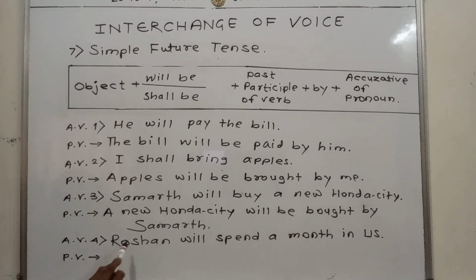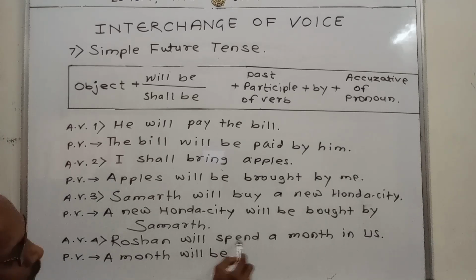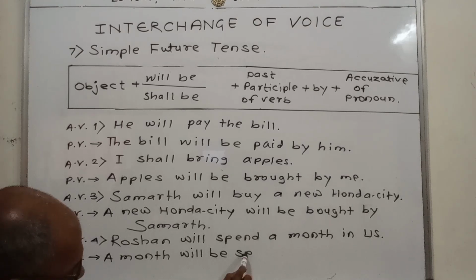Roshan will spend a month, and the remaining, in US, is extra. A month will be spent. Past participle: spent.